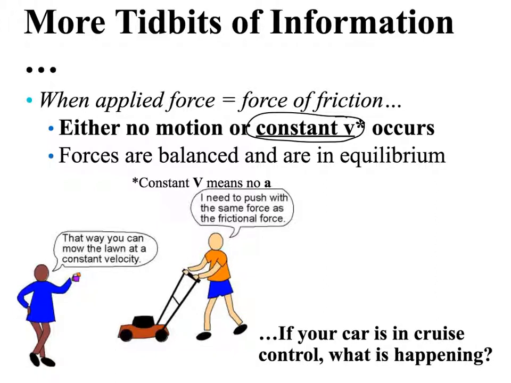If the object wasn't moving and forces are balanced out, the object will continue not to move. If the object was moving and all forces are balanced out, then the object will continue to move at a constant velocity. This silly cartoon over here says, hey, if I push my lawnmower just enough to cancel out frictional force, then you will mow the lawn at constant velocity.